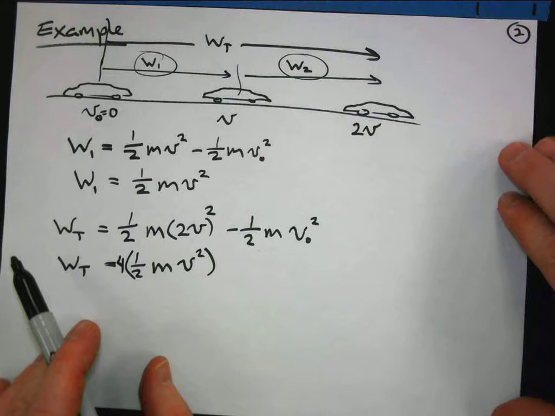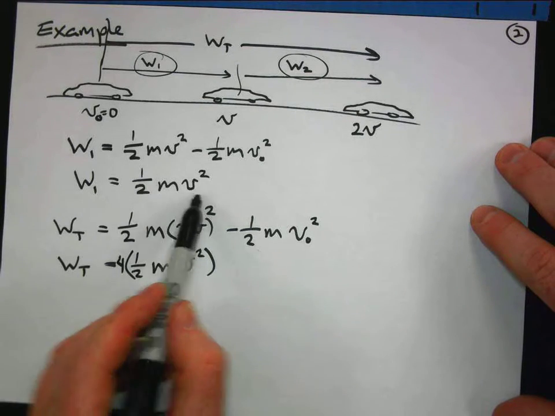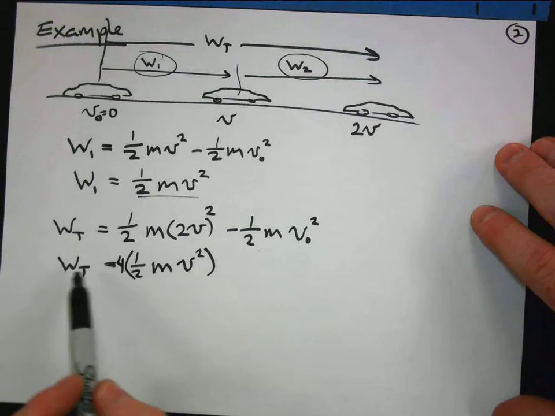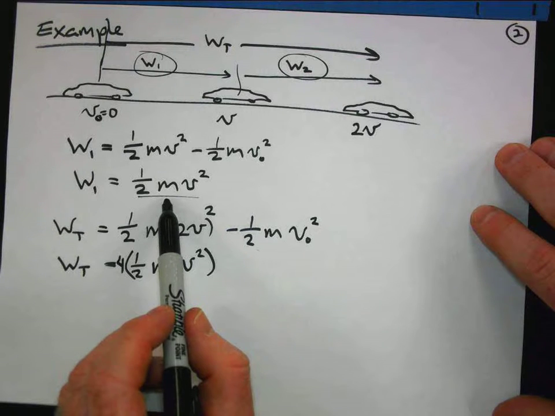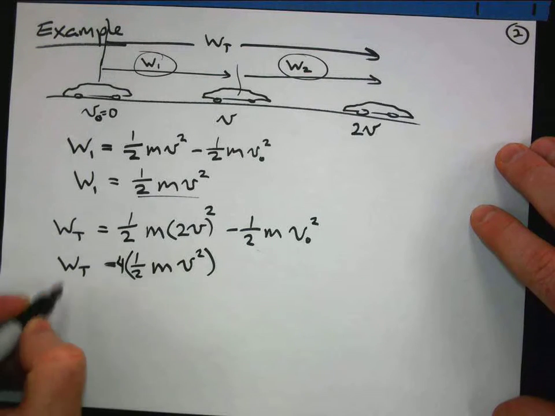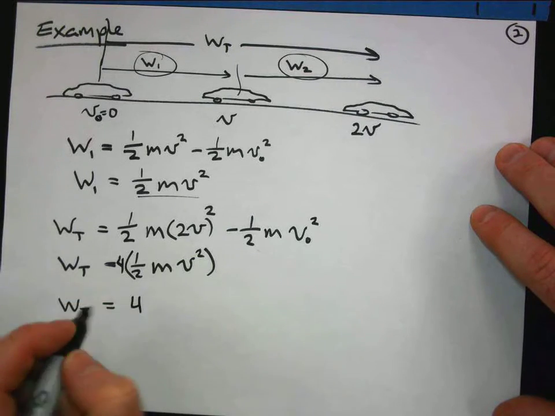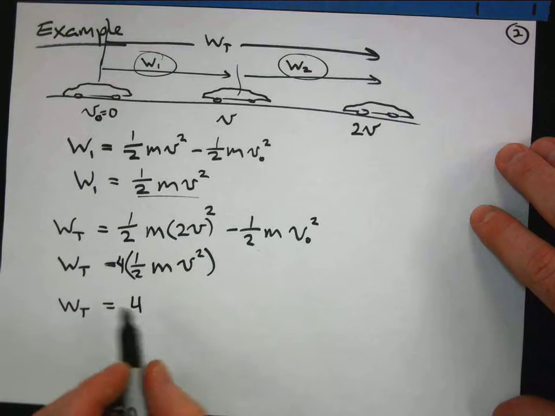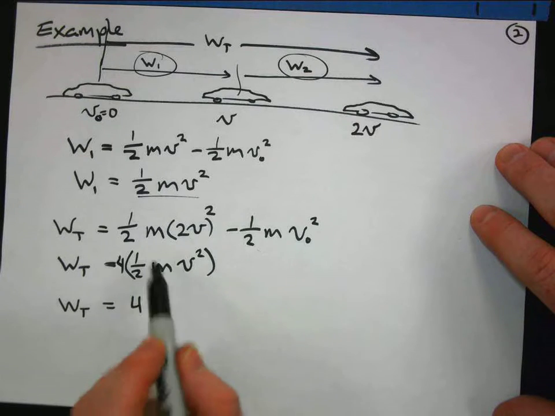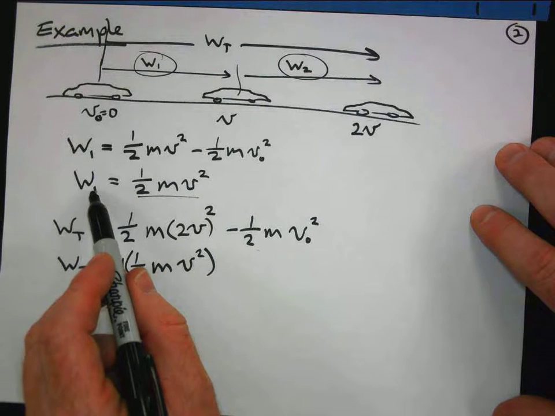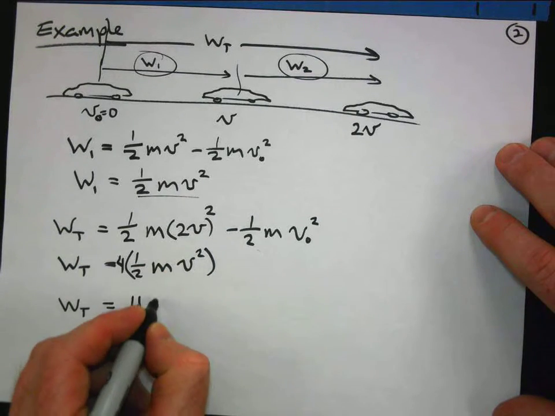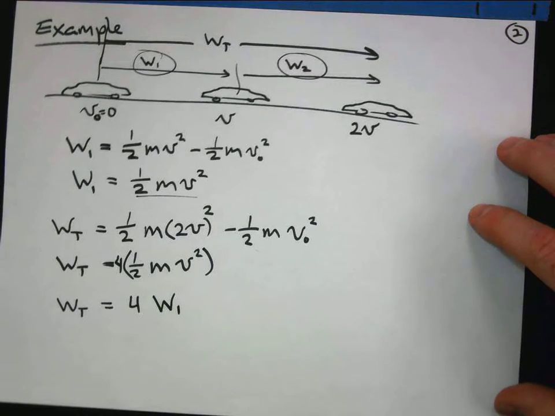So look what this means. I see the same quantity here, and the total work was 4 times that amount. Total work, sorry about squeezing the 4 in right there. Total work is 4 times this amount here, which is the first amount of work I did. 4 times work 1.